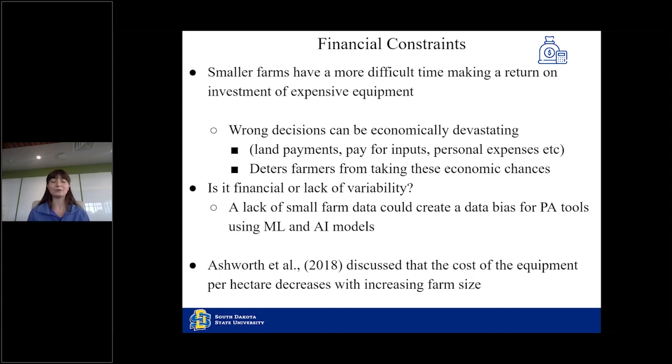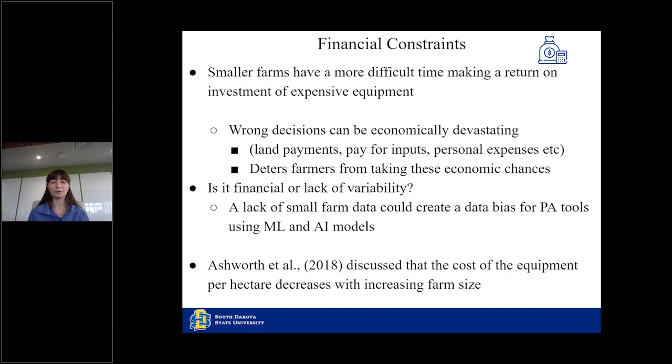And that can really deter the farmer from taking these economic chances if they're not entirely sure of the profitability of this tool or where that tool really fits into their operation. Additionally, it's really important when we're focusing on small farms to identify whether or not this is a financial constraint issue or if it's just a lack of variability on that small farm.